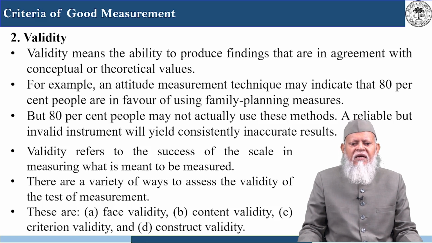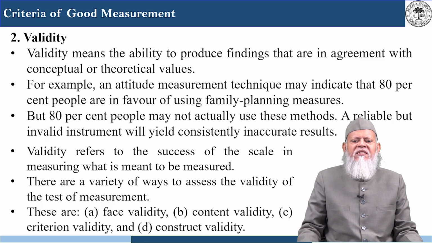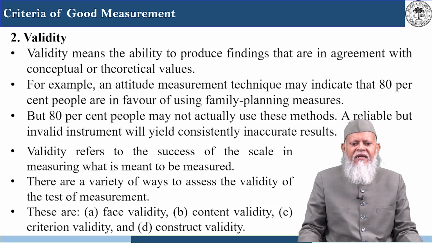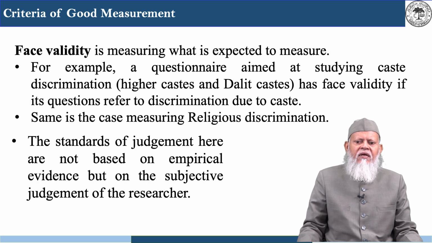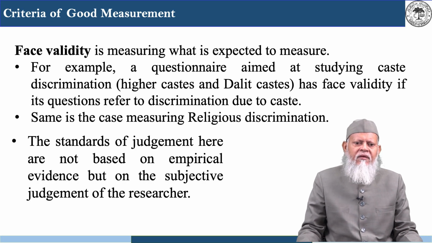There are a variety of ways to assess the validity of the measurement. These are face validity, content validity, criterion validity, and construct validity. We shall be discussing these in brief separately.